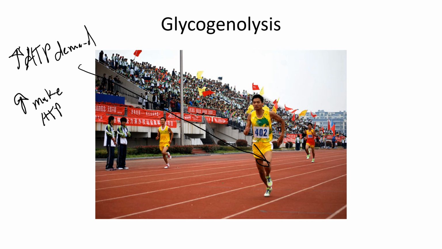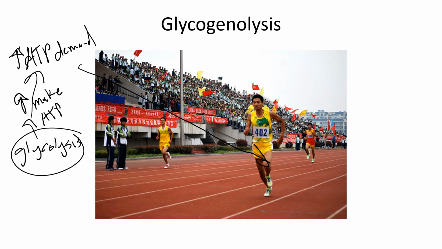And the best way to do that, there's a couple good ways to do this, but one of the best ways to do that is to run glycolysis. Again, particular types of glycolysis are very good at making lots of ATP really quickly to meet high ATP demands.